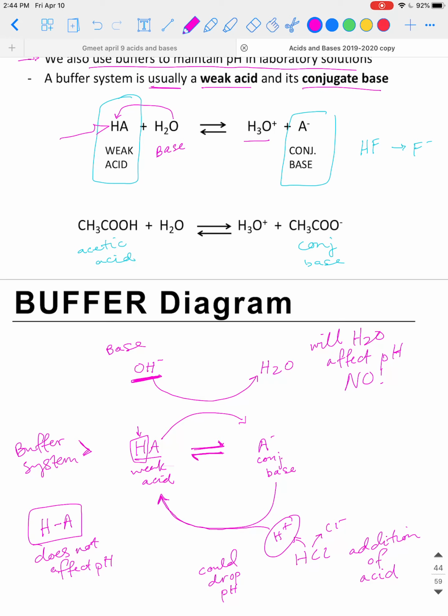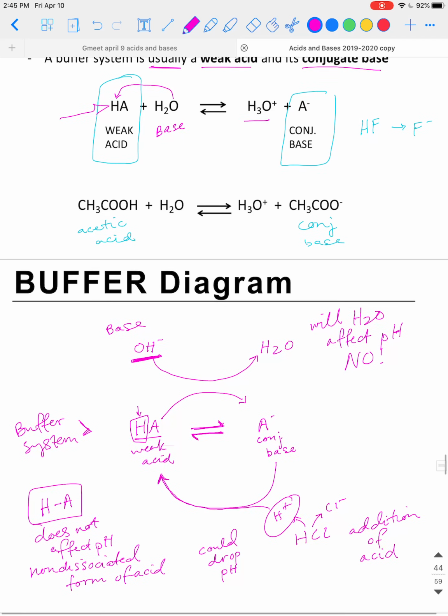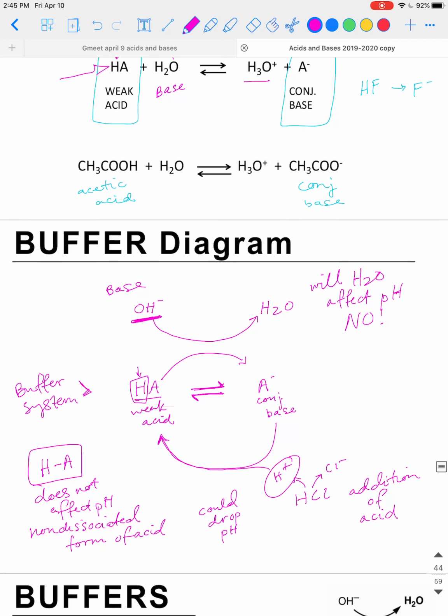The only time acids affect pH is when they dissociate. The non-dissociated form of the acid does not affect pH, only the dissociated form, all right? So the parts that you need to know, this is the diagram that you need to know.